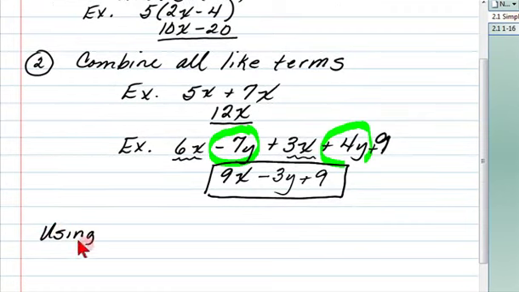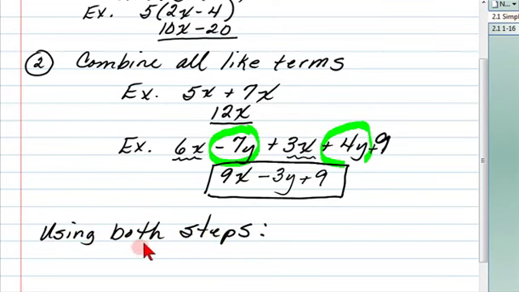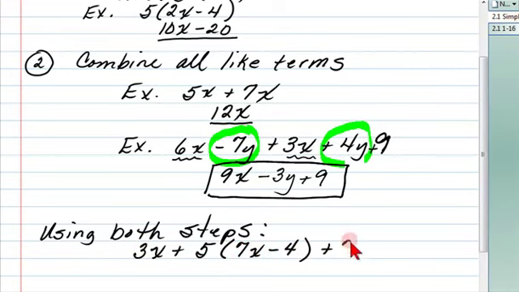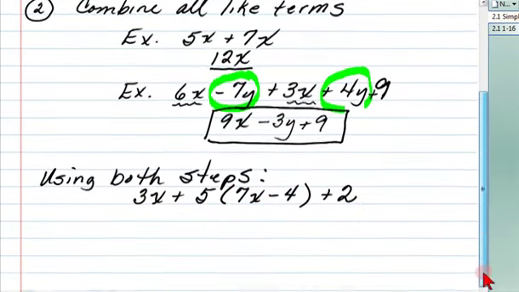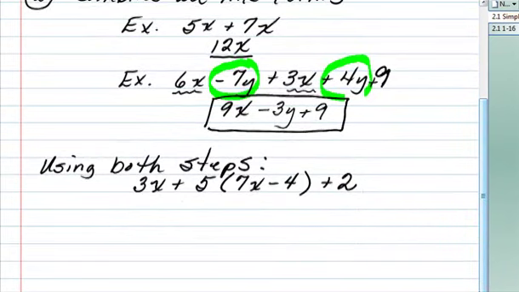All right, now using both steps. Let's suppose I have, and I want to simplify, 3x plus 5 parentheses 7x minus 4 close parentheses plus 2. Anytime you're asked to simplify an algebraic expression, number one is you look for parentheses to see if you can use the distributive property.